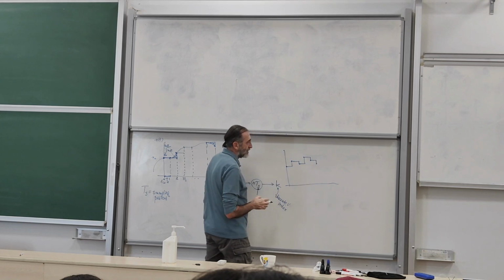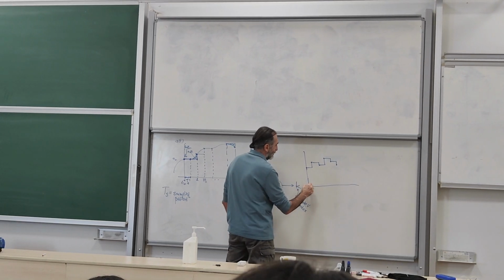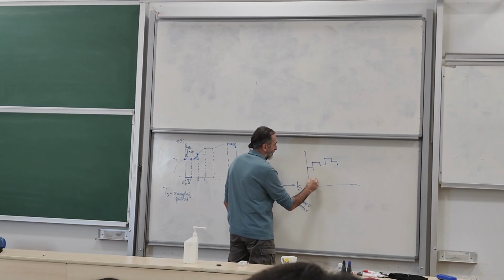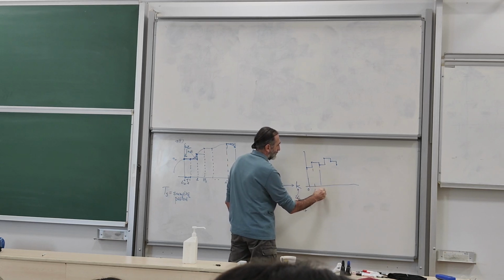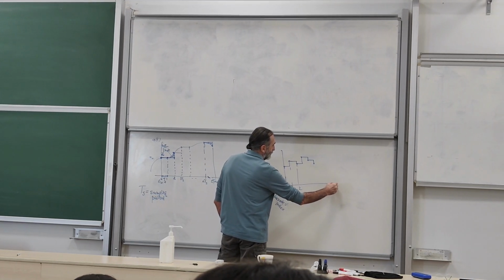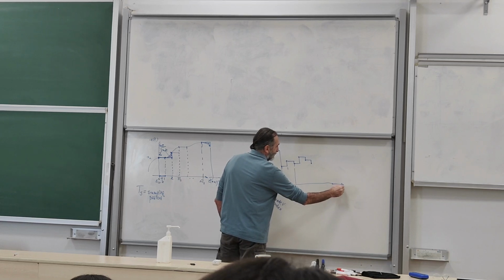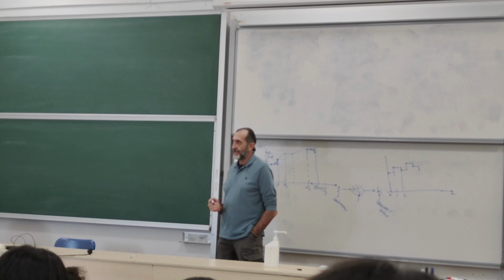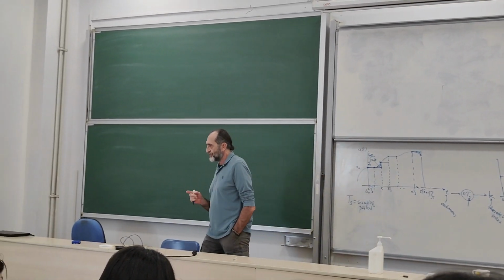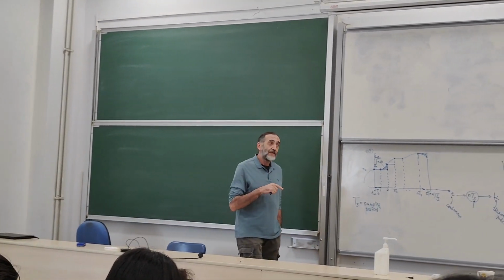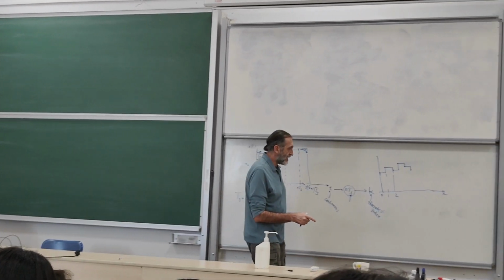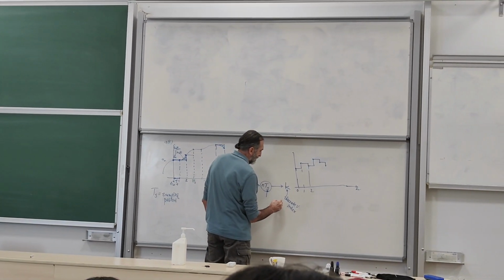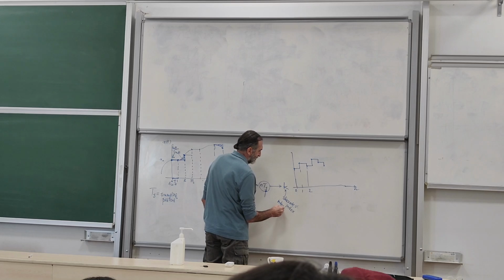I'm recording it at values of k equal to 1, 2, all the way up to n. So my index has changed from a continuous t to the integer n. So that's an integer index.